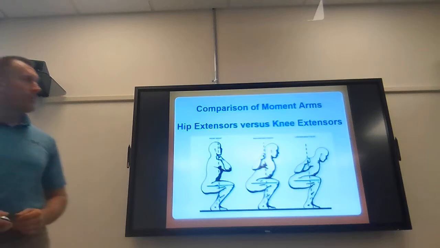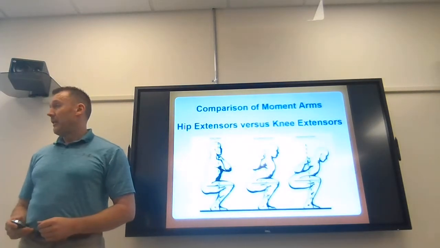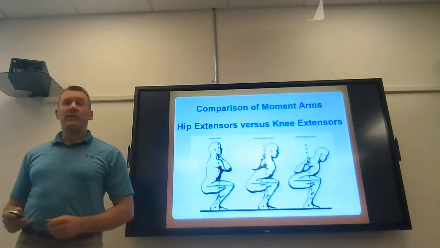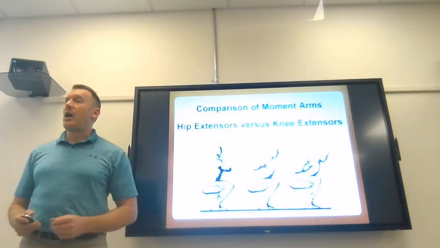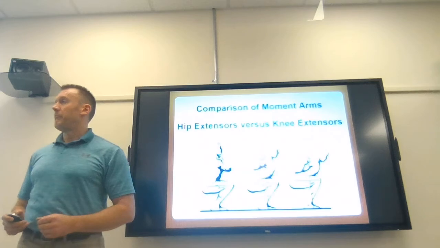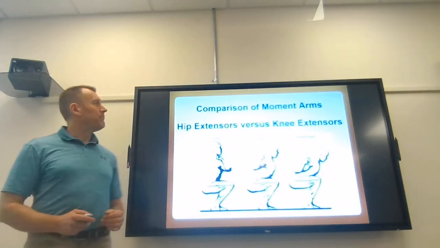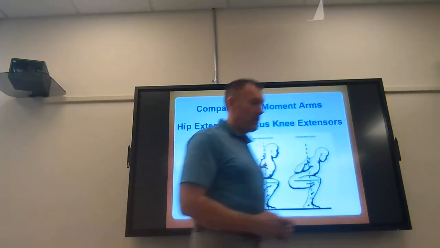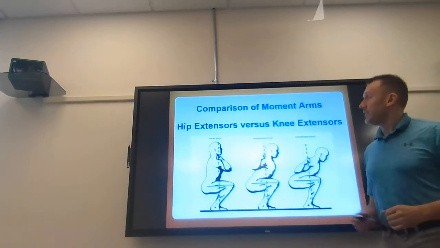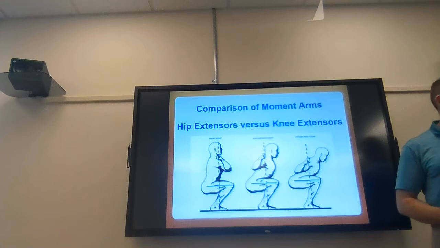Where the bar is positioned can determine the amount of torque produced by muscles that cross a given joint. So as we look at different types of squats with different bar placements, we have different moment arms created at the hip and the knee joint.